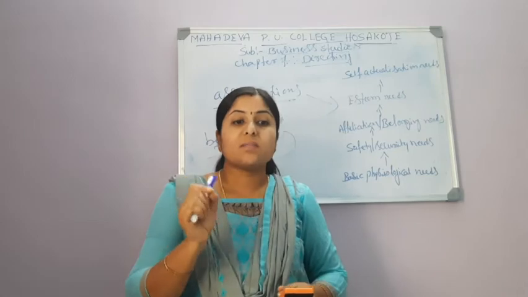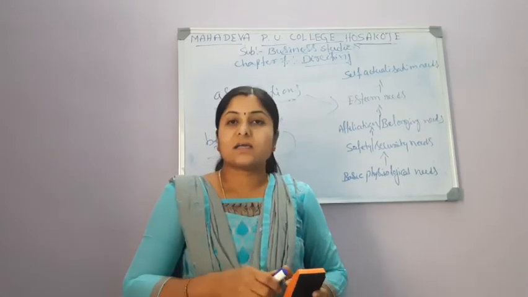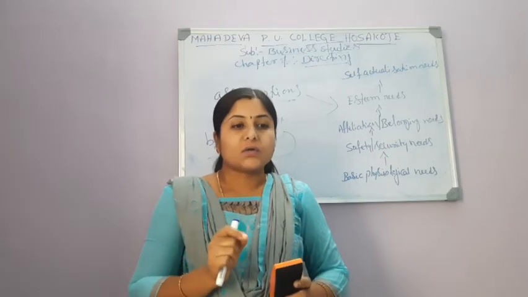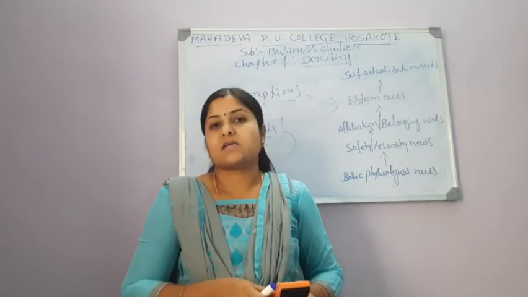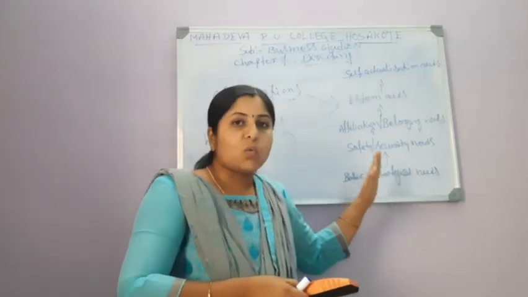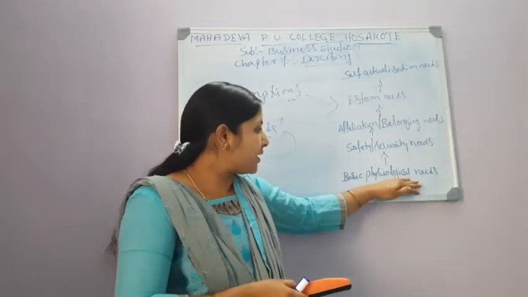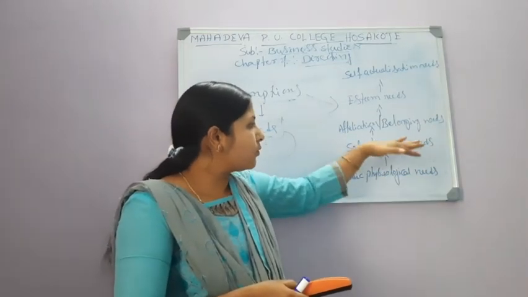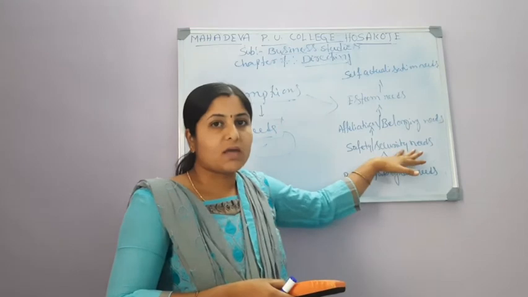The next one is: people's needs are in hierarchical order, starting from basic needs to the other higher level needs. I already told you the needs are in hierarchical order. When he satisfies his basic needs or the lower level needs, after satisfying them he moves to another need.